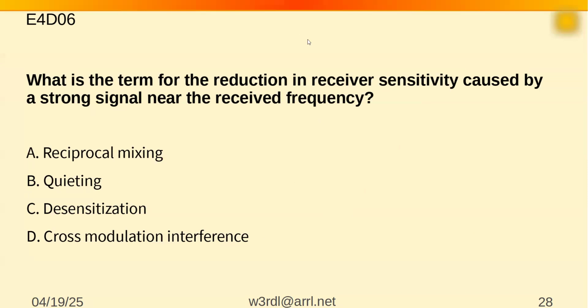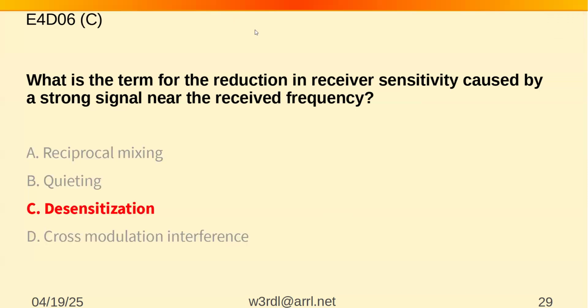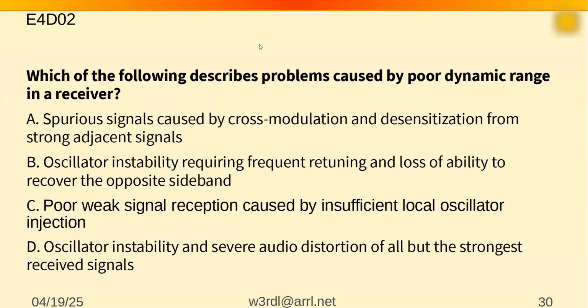What's the term for the reduction in receiver sensitivity caused by a strong signal near the received frequency? Which of the following describes problems caused by poor dynamic range in a receiver?